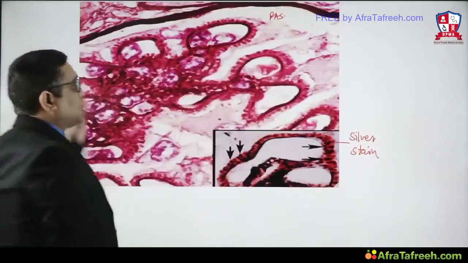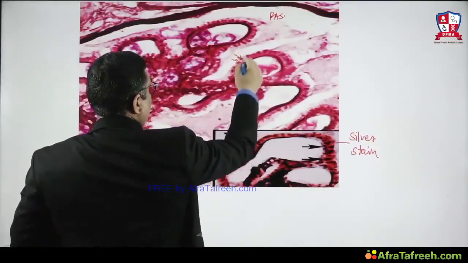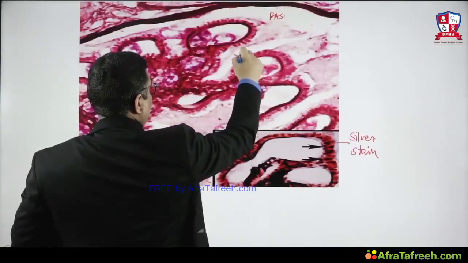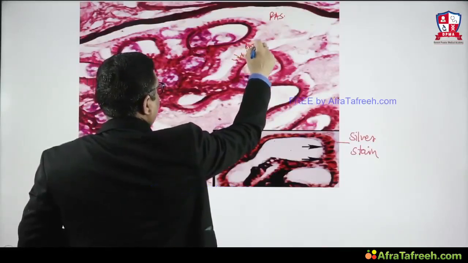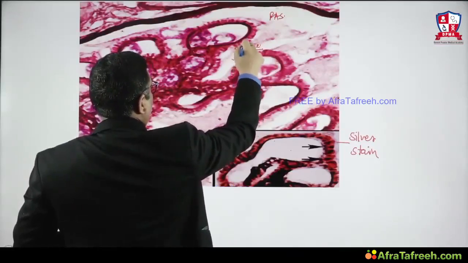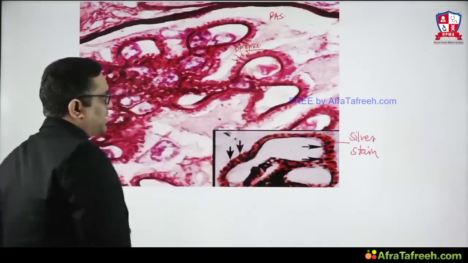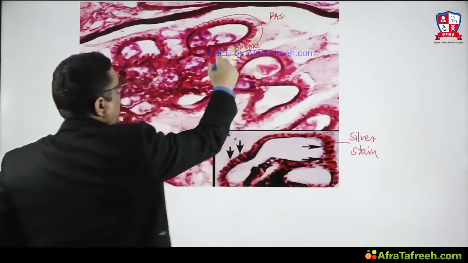PAS stain, you can make it out. These are the spikes and there is a dome, right? This is the spike. Spike is the basement membrane. So basement membrane is red, dome is light color. So it's a spike and dome pattern. Easily you can make out a beautiful spike and dome here on light microscopy.